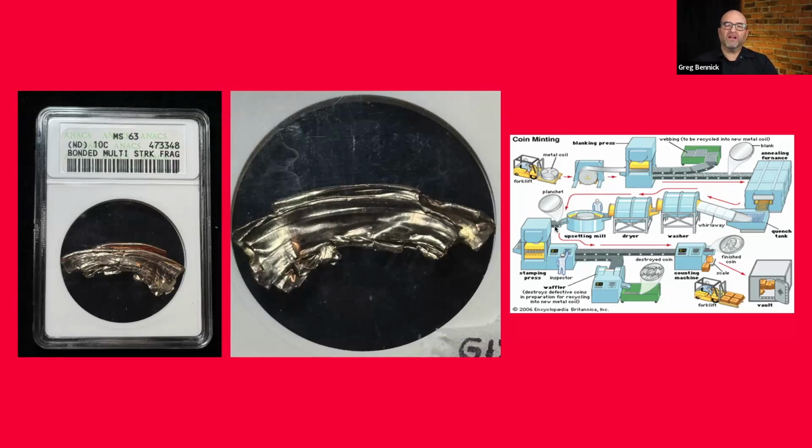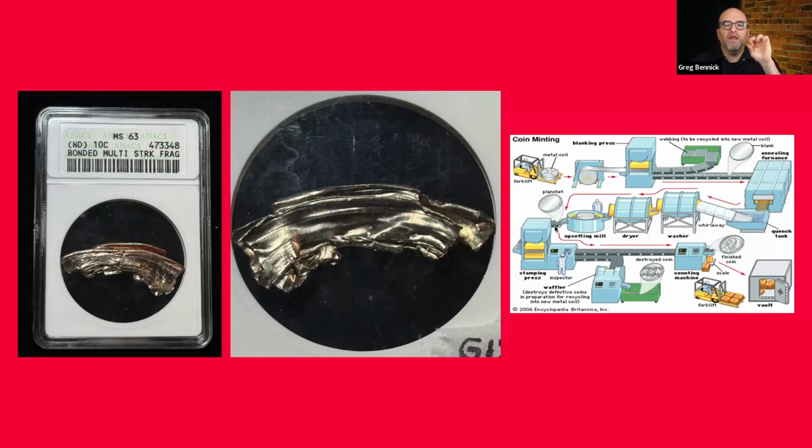So the coin on screen right now is what happens when a coin is struck so many times, or rather, a coin is struck, and then instead of being ejected from between the dies, another blank or another planchet comes in and is struck with that first coin on top of each other like a sandwich. And then maybe another coin comes in because they don't get ejected because that sandwich is wrapped around the obverse die and comes down again.